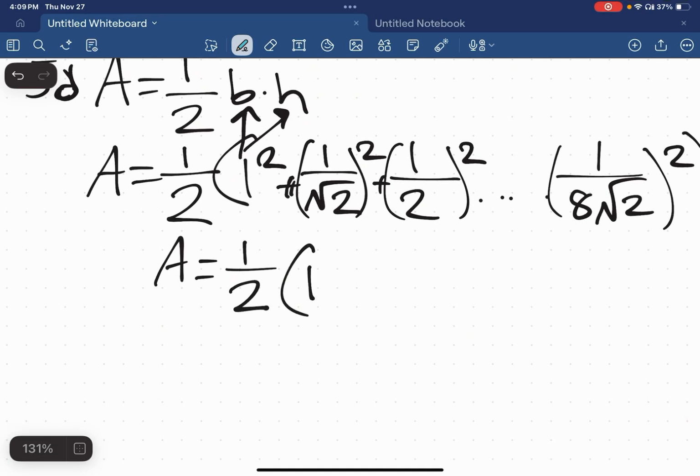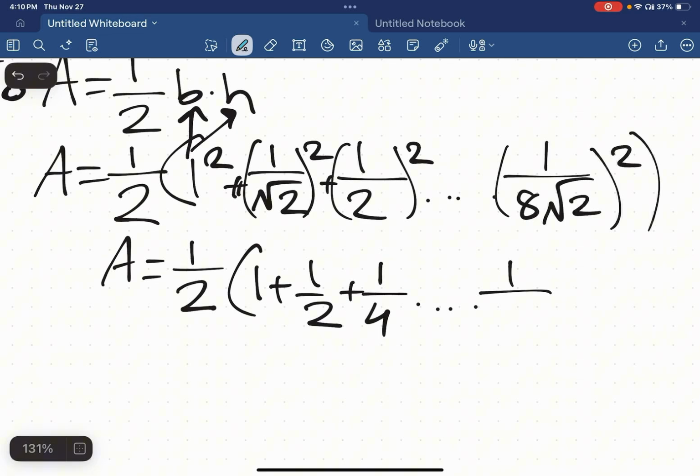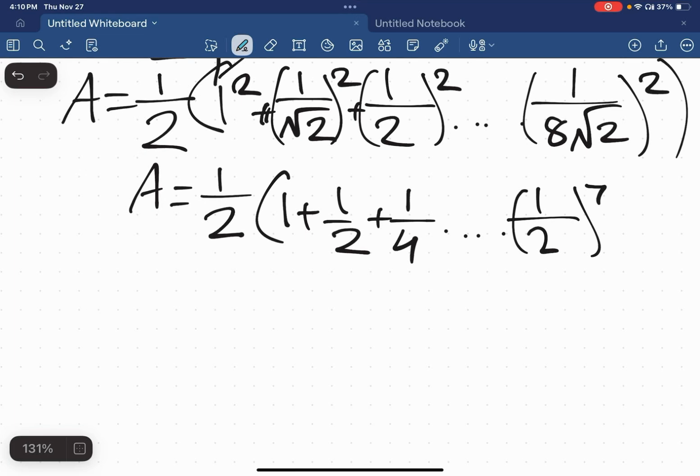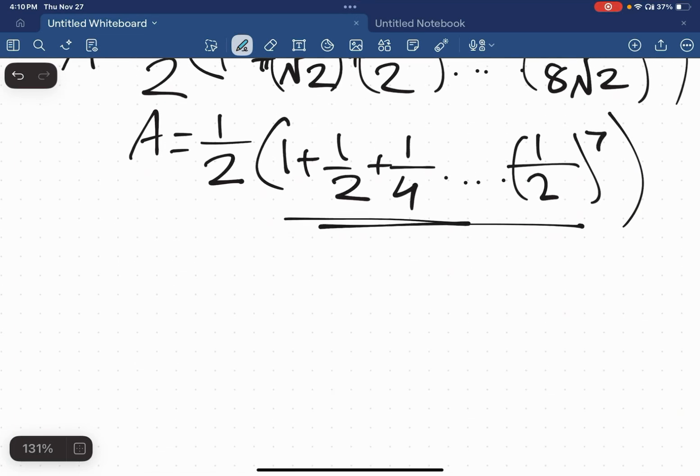That becomes 1 plus 1/2 plus 1/4 dot dot dot 1 divided by 2 to the 7th. Okay. Now here we actually have a little series going on.